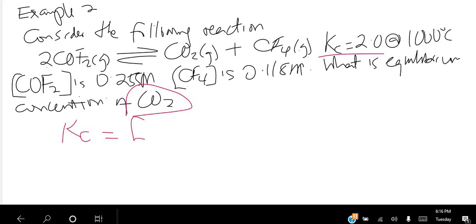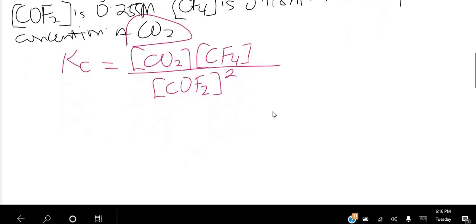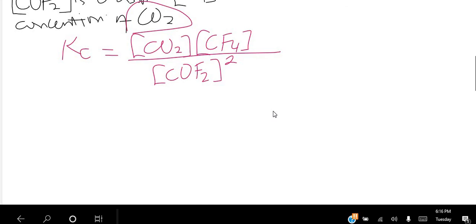In this case, we're going to have our CO2 concentration times CF4 over COF2 squared from the reaction. So we are actually looking for the CO2 concentration. We can rearrange this equation so that we can get our CO2.